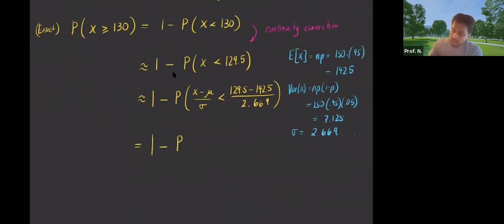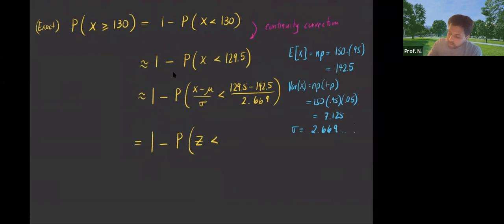So this now is the probability that my z is less than, and then more numbers here. So this is 129.5 minus 142.5, so that's negative 13. 13 divided by 2.669 is going to be negative 4.870.